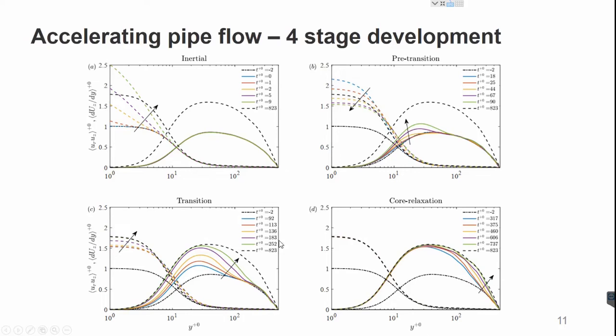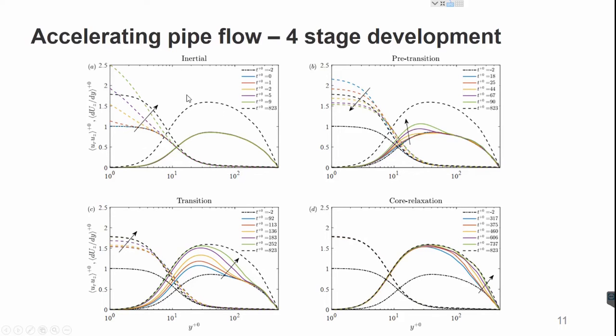Before I explain all these plots, I have to mention that differently from the work by He and Seddighi and Greiner and Moss, we determined that there are 4 transitional stages, not 3 like Greiner and Moss mentioned, or 2 as He and Seddighi. We call the stages inertial, pre-transition, transition, and core relaxation. We chose those names to be consistent with the previous studies in the literature.